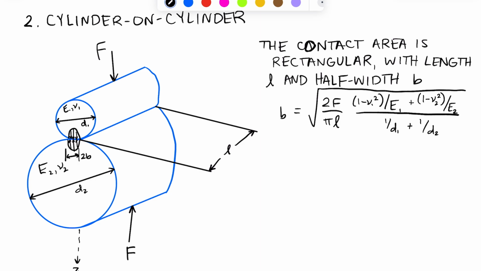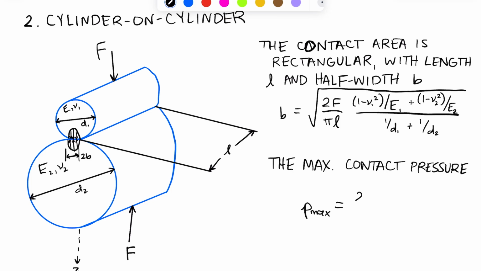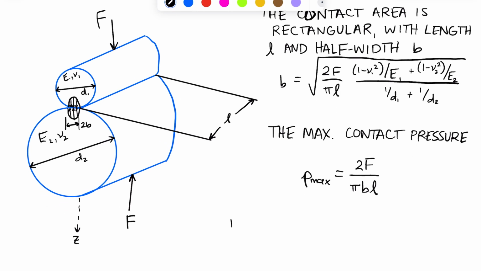And of course, we also want to know the maximum contact pressure, which for a cylinder on cylinder is equal to 2 times F divided by pi times b times L. And we have similar notes to when we were looking at the sphere-on-sphere contact model.